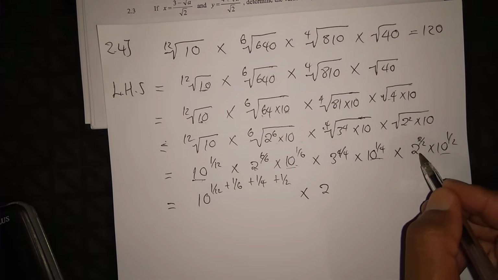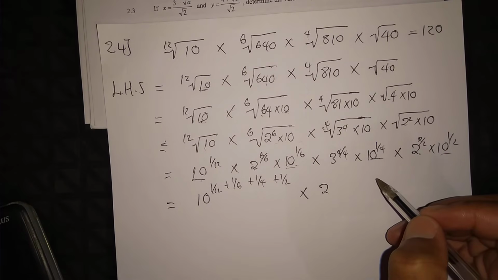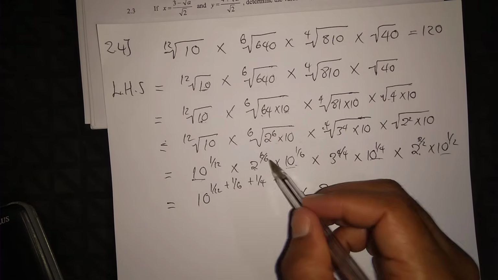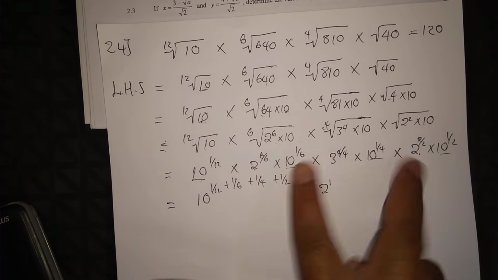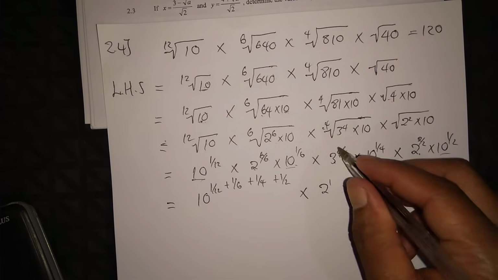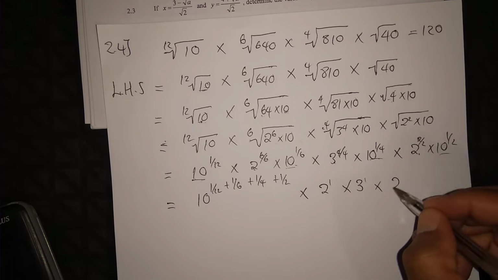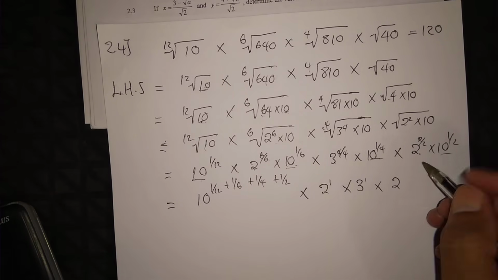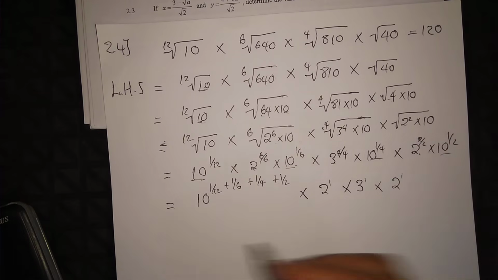Okay, these 2s are powers of the same base. But let's do it this way: 2 divided by 2, and 6 divided by 6, gives 1. Instead of multiplying, how about we simplify first? 3 exponent 4 over 4 is 1, so you have 3 exponent 1 times 2 times 2. 2 divided by 2 is 1.